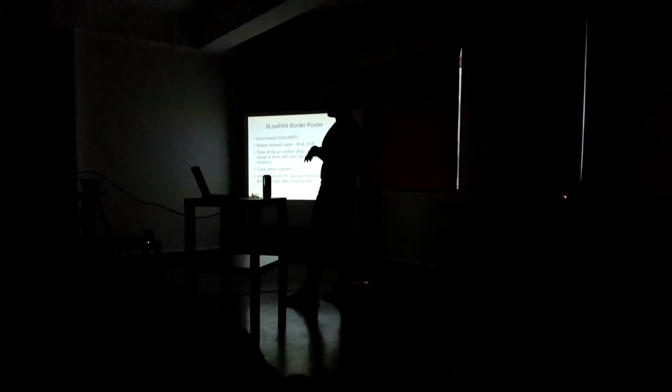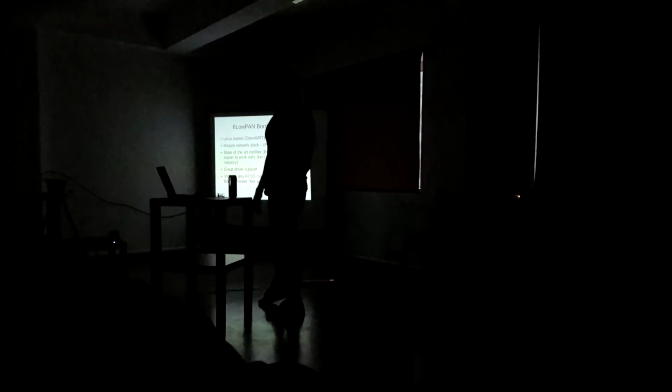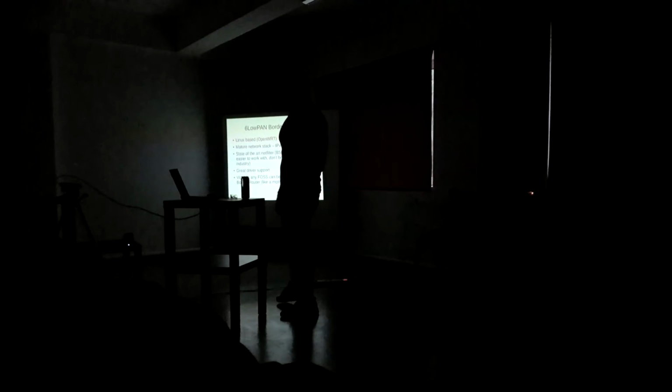So, here's something. This is basically what I've explained. With 6LoWPAN, to access all your home devices and the internet over IP version 6, you'll still need a router. In our particular case, we have a router based on OpenWRT, which has a very mature network stack with IP version 4 and IP version 6.